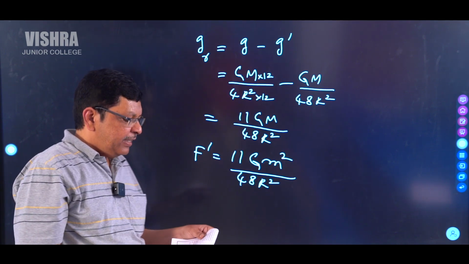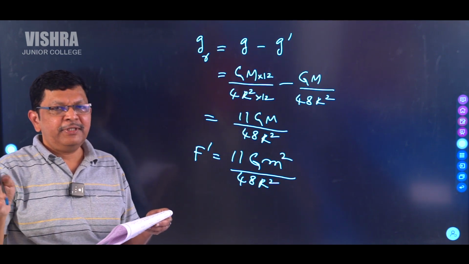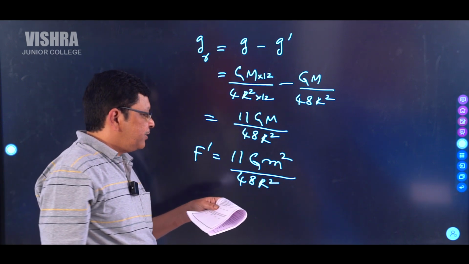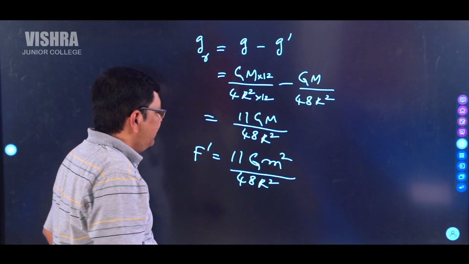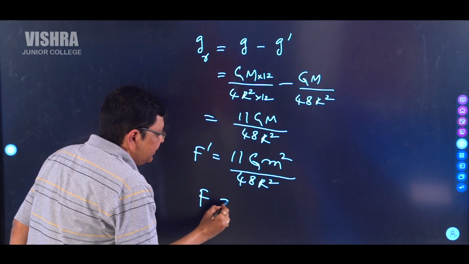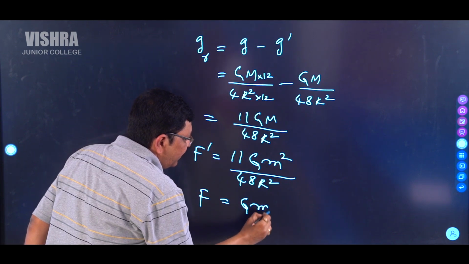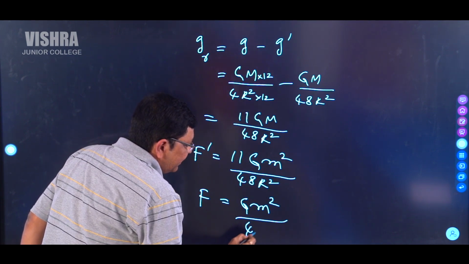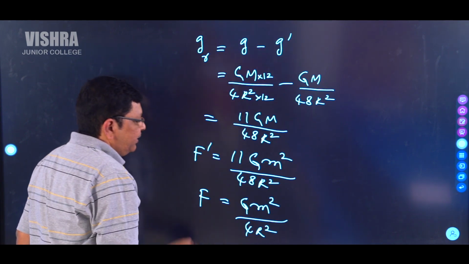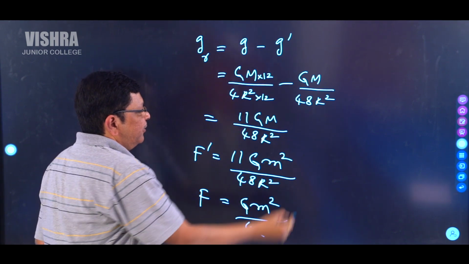Here the question asks us to find the ratio of the two forces. In the first case the force is Gm square by 4r square, and he is asking the ratio between these two, that is F upon F dash.